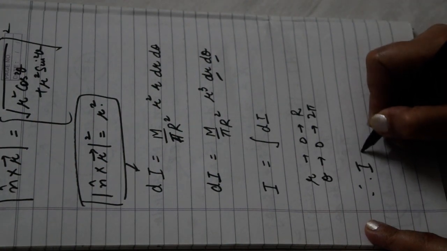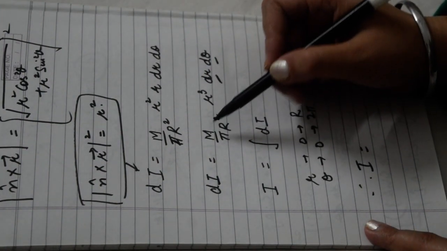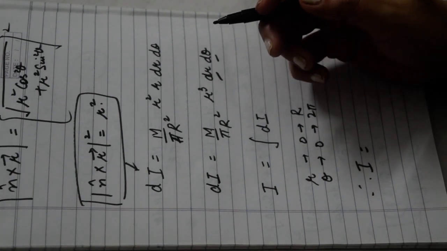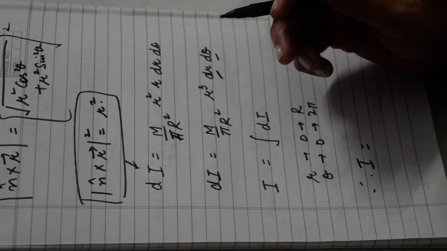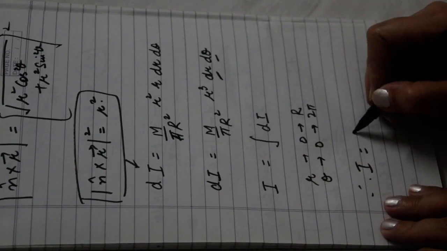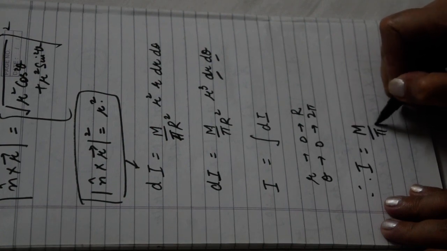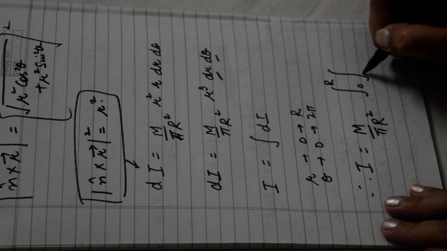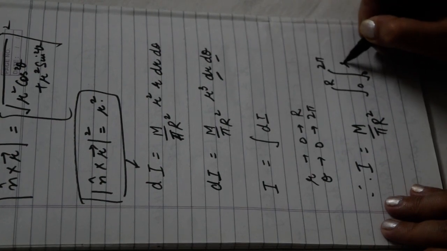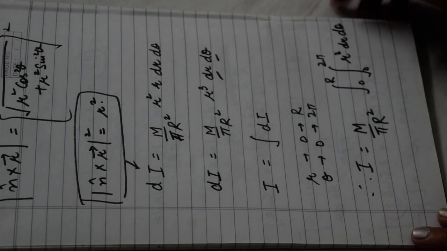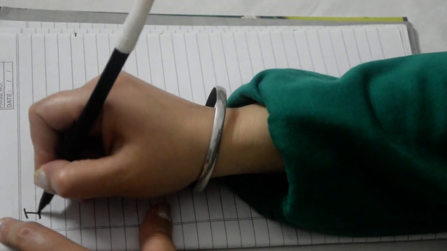Therefore, I is equal to, capital M is constant, capital R, which is the radius of the disk, is also constant, so it can be taken out of the integration. Hence, I can further write it as M over pi R square, integral 0 to R, integral 0 to 2 pi, r cube dr d theta.